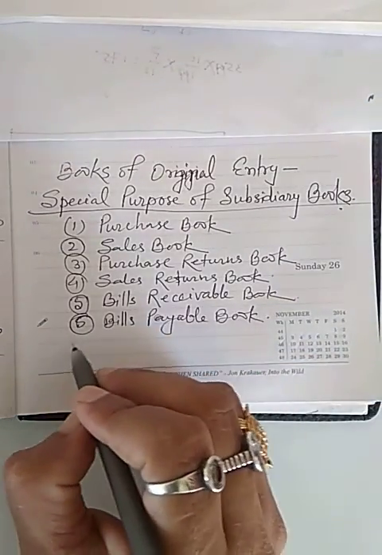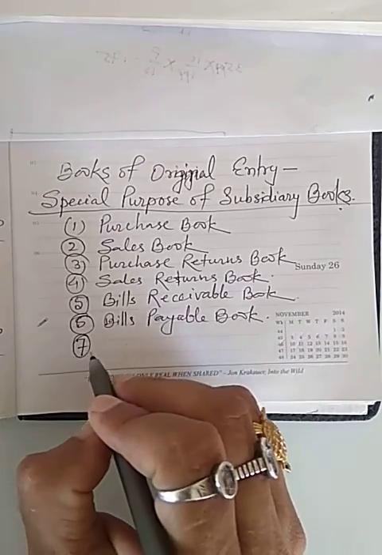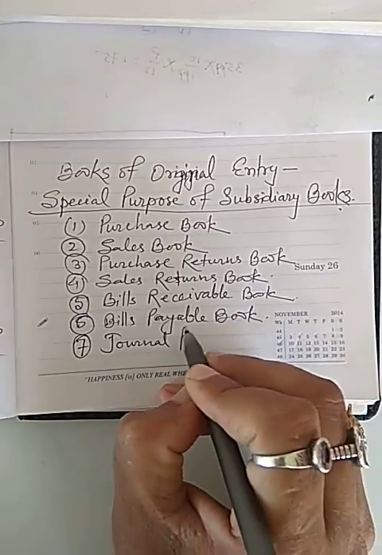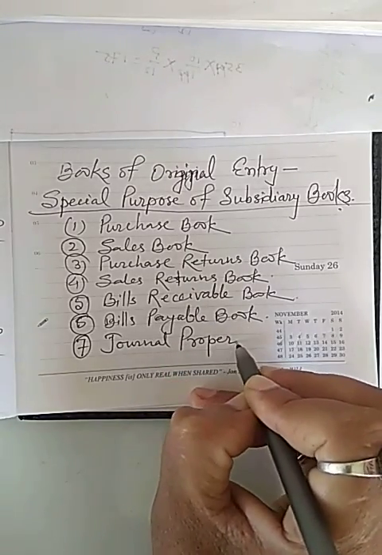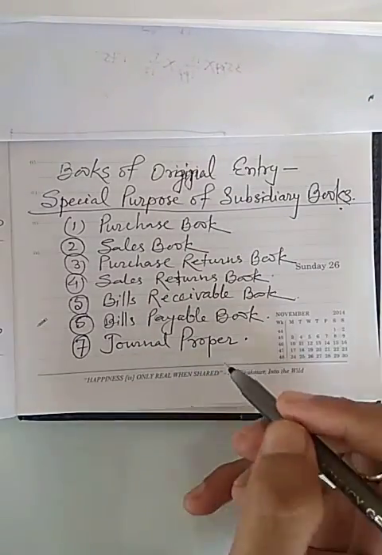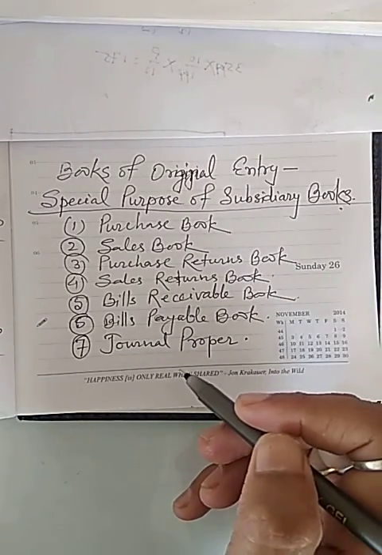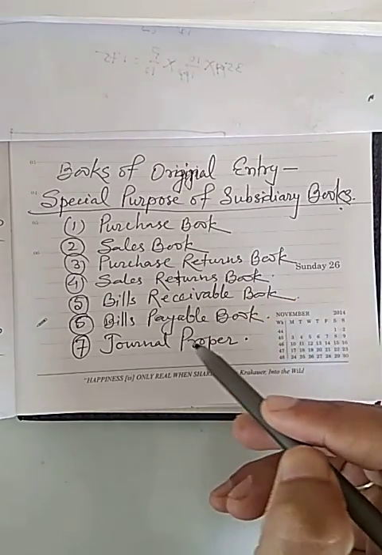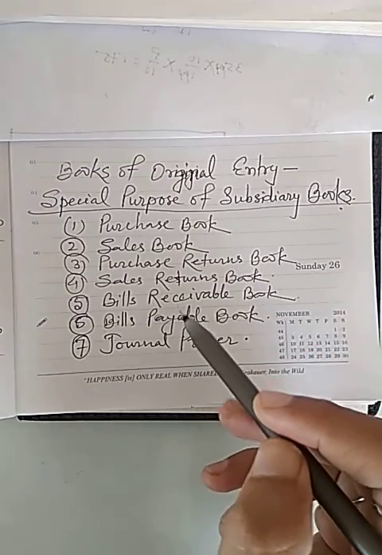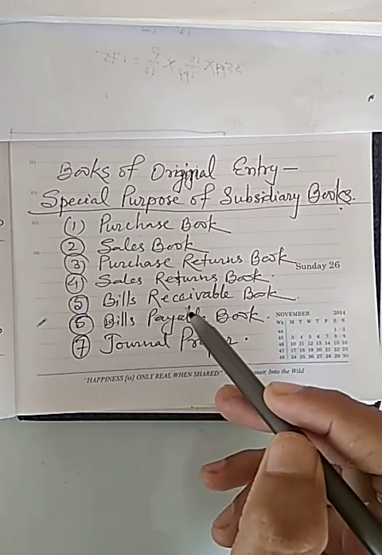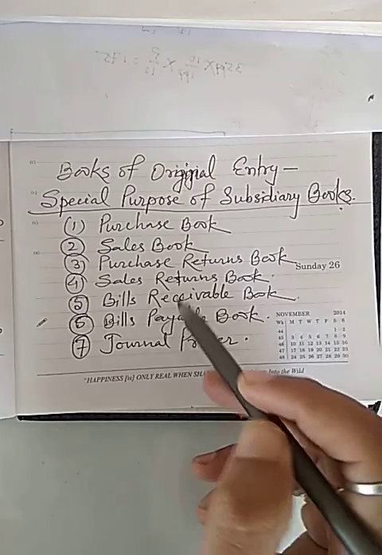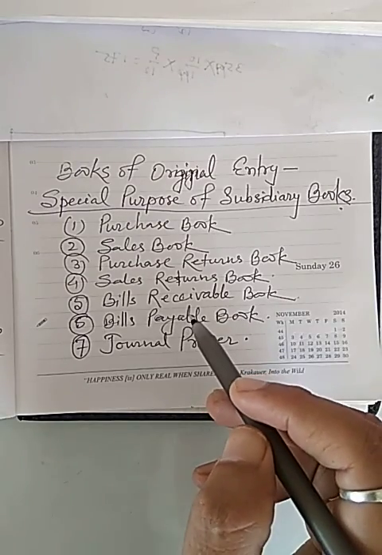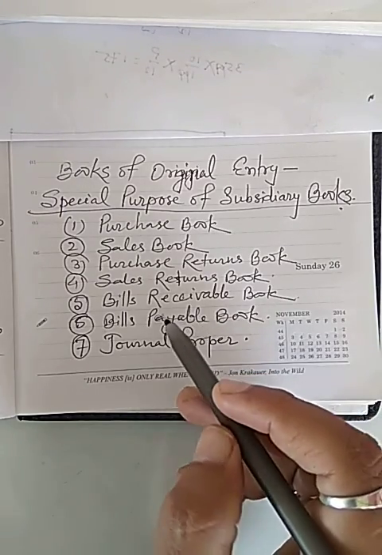And seventh and last is journal proper. It is not necessary for every business to maintain all the above mentioned special purpose subsidiary books, but any of the above may be kept depending upon the need of the business.